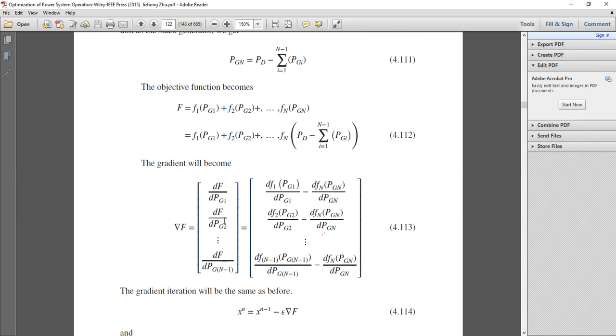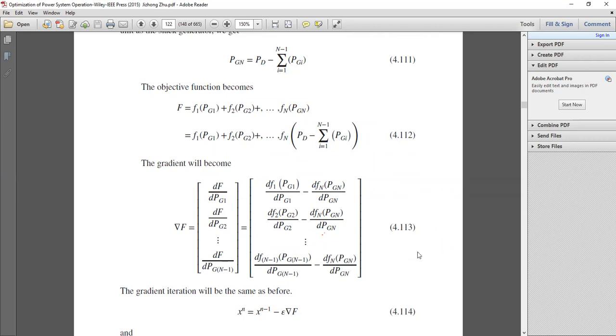And when you calculate in terms of PG2, the second one will come here, and also there will be some PG2. You get it? And here you have this. The last one will also have PG(n-1) and dFn(PGn) by dPGn.